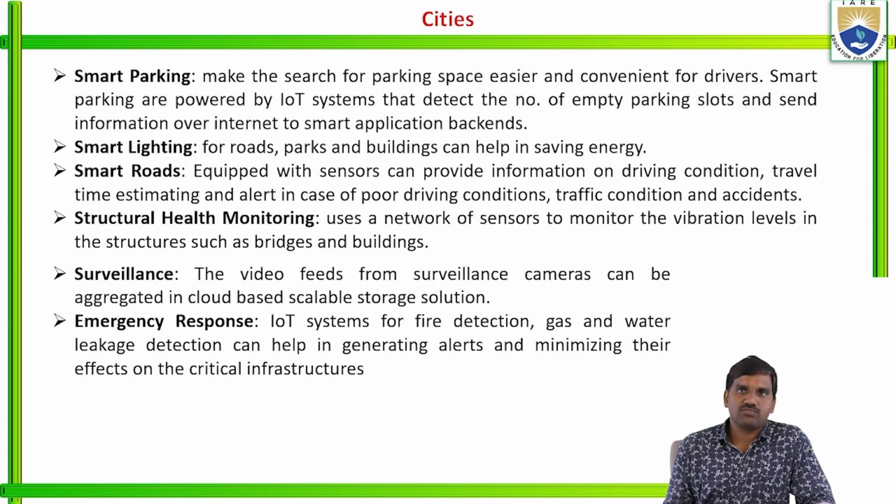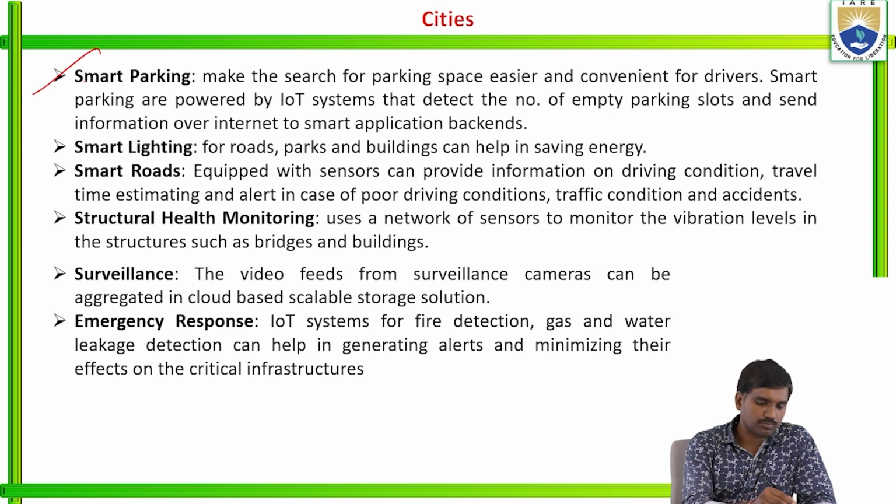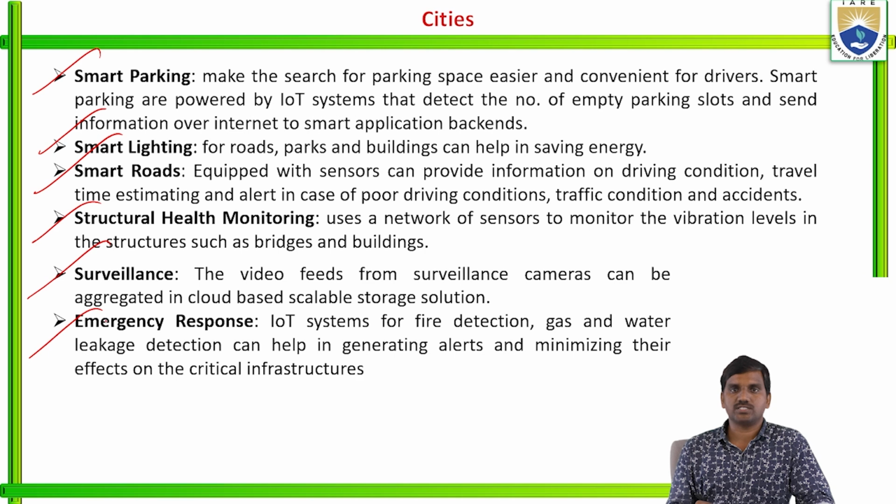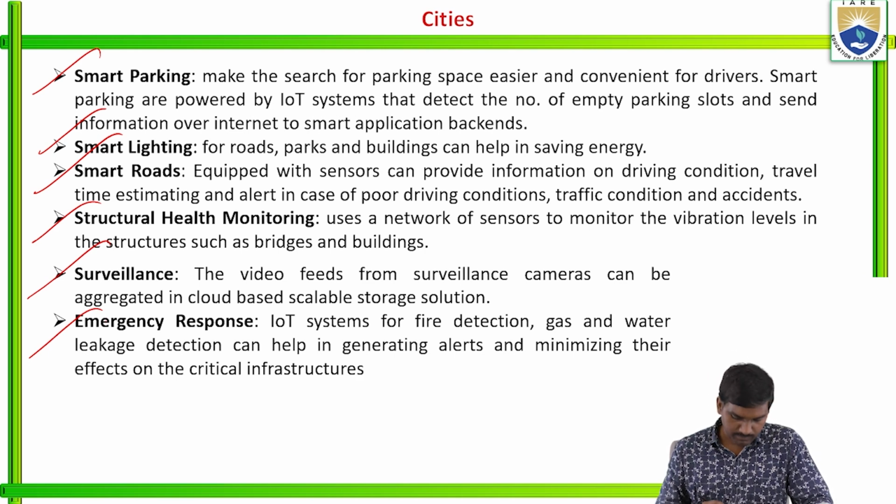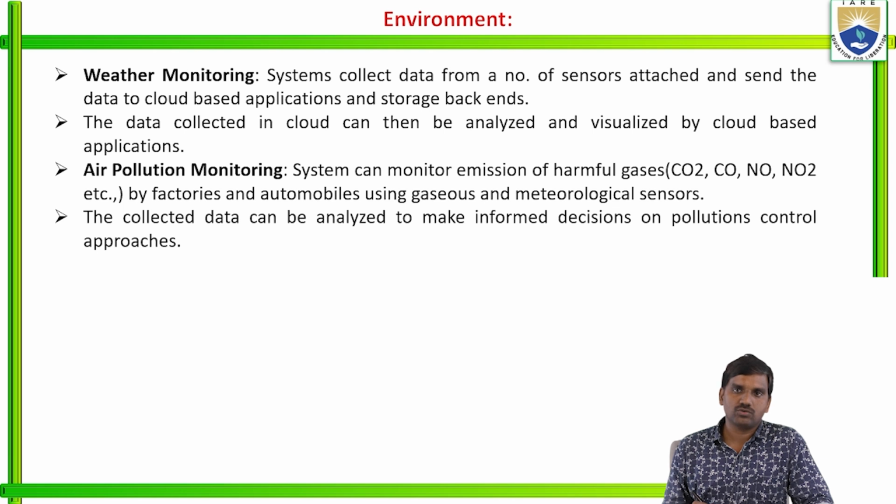And under cities we have smart parking, smart lighting, smart roads, structural health monitoring, surveillance, and emergency response. These are the applications under the domain of cities. And environment is the third type of domain.